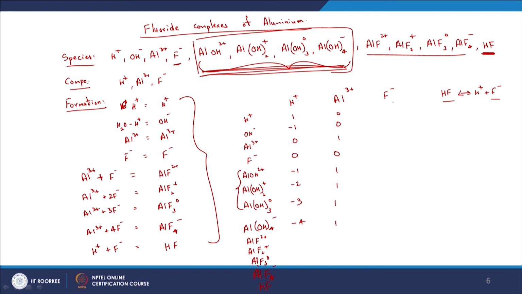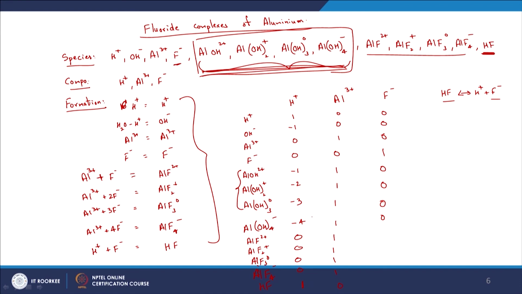It's going to be 1, 2, 1, 1, and 0 here, and 0, 0, 0, 0, 1 and F minus, and obviously 0 here, OH minus 0, Al3 plus 0, 1 here and 0, 0, 0, 0 here.